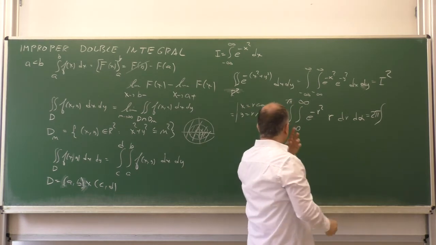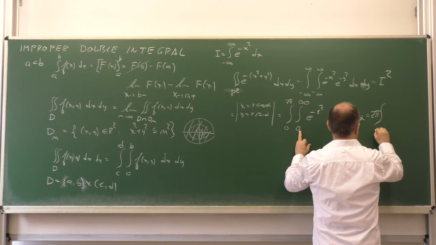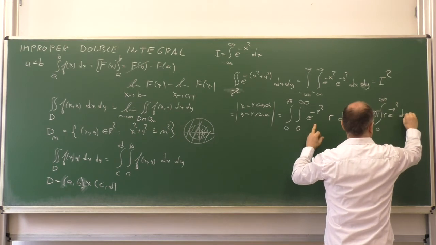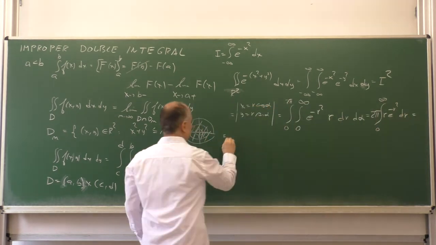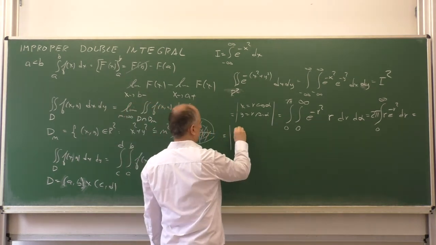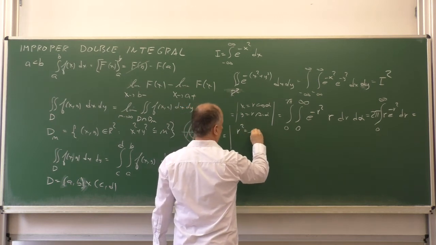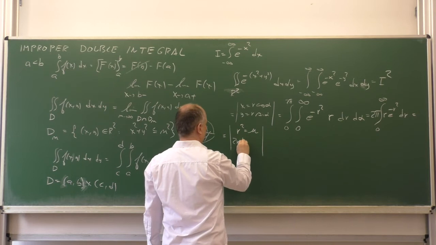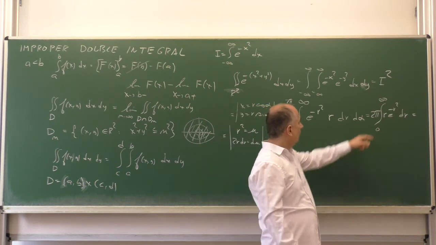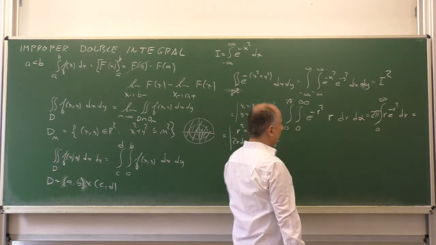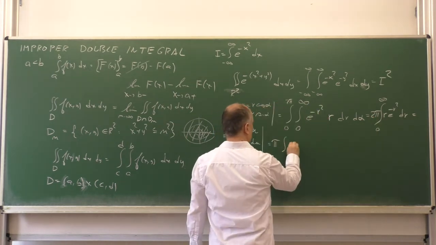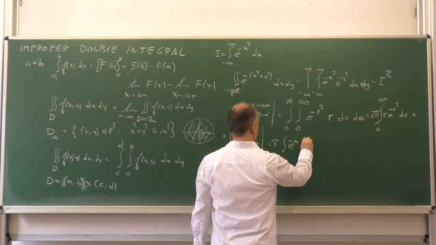And we write the integral over r for the moment, from 0 to infinity, r e to the minus r squared dr. Now we can use the substitution. r squared is u, then 2r dr is du, and we have pi times, and 2r dr is du, so we have e to the minus u du.